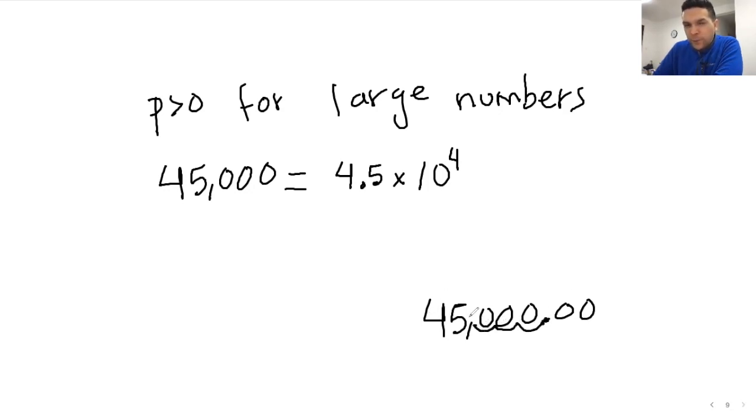Is 45 between 1 and 10? No, it's not, right? So I need to move it one more. So 1, 2, 3, 4 places. 4.5 is between 1 and 10. And that's why I wrote 4.5. And then my P is going to be the number of places I moved my decimal point. 1, 2, 3, 4. So that's going to be my number for P. Okay.